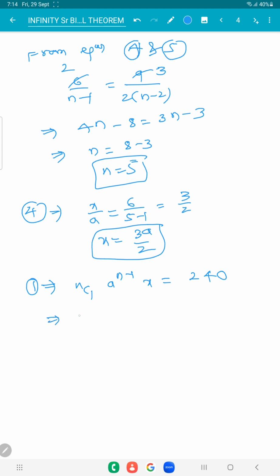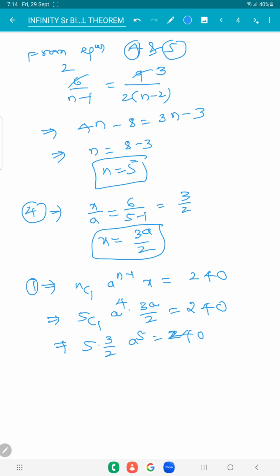What is n? N is 5, 5C1. What is a? Don't know that. N minus 1 is 4. What is x? 3a by 2 is equal to 240. What is 5C1? 5. So 3 by 2 times a power 5 is equal to 240.